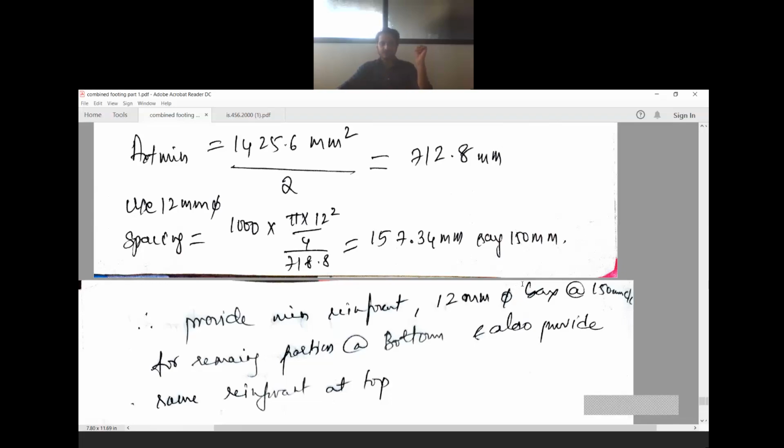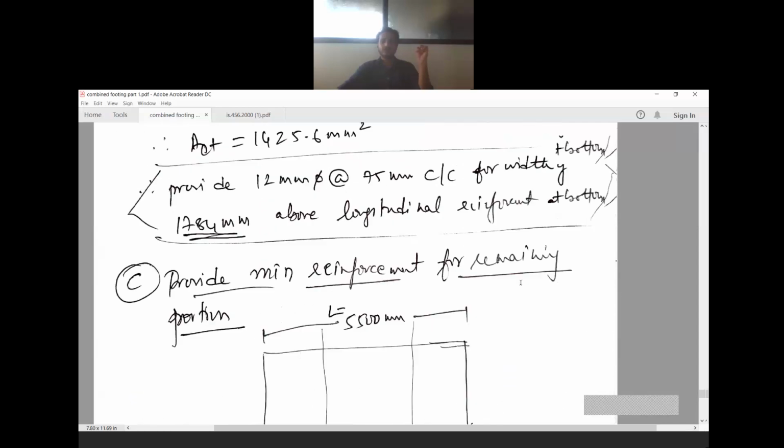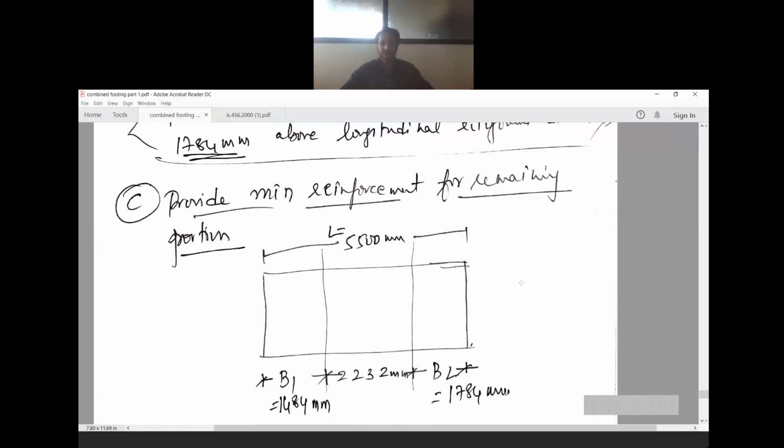Diagrams are very important. In the next class we shall discuss how to place the longitudinal reinforcement, how to place the transverse reinforcement, and how to place the shear reinforcement. In the next class we shall see all those drawings.